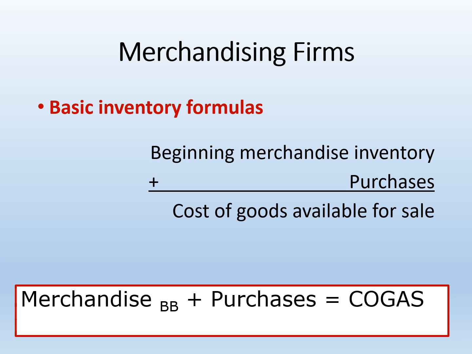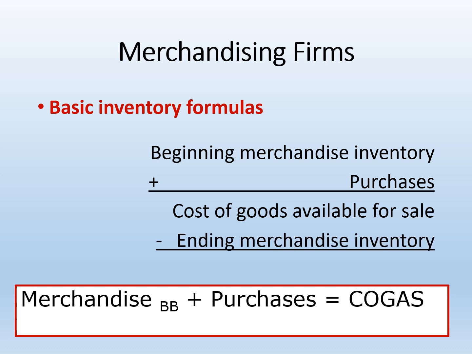So what happened to all this merchandise? Well, probably some of it got sold and some of it didn't get sold during the period. At the end of each period, the firm does a physical inventory. They add up the dollar value of all of the merchandise that didn't get sold.